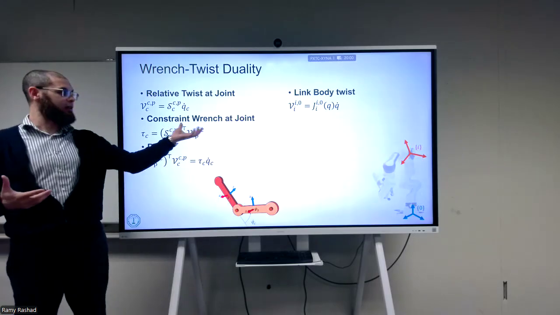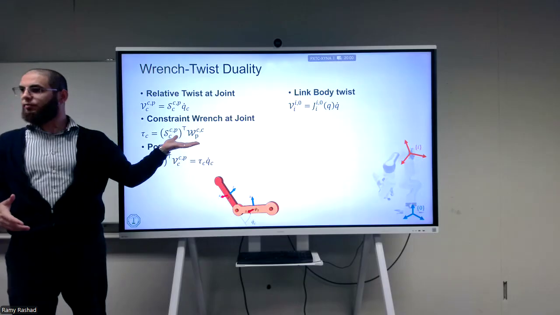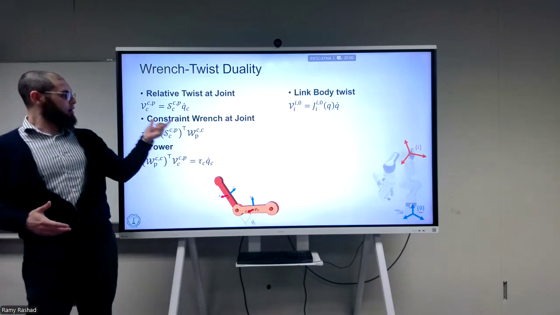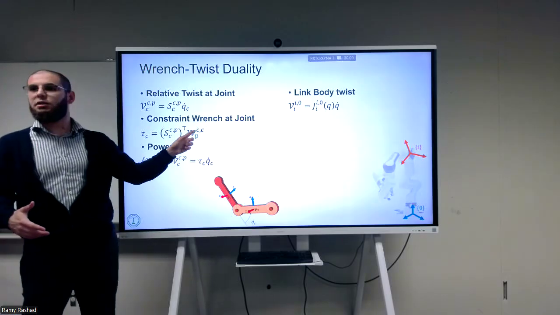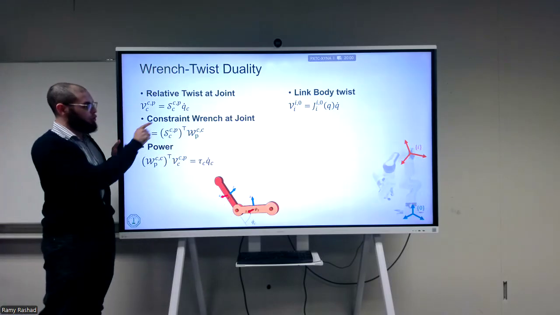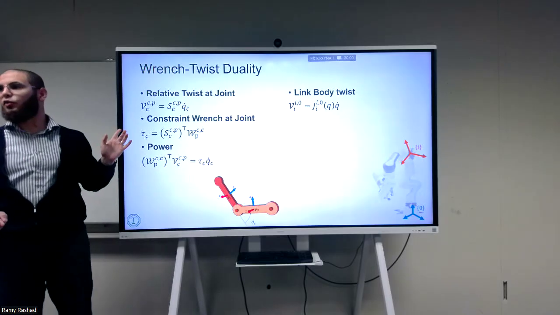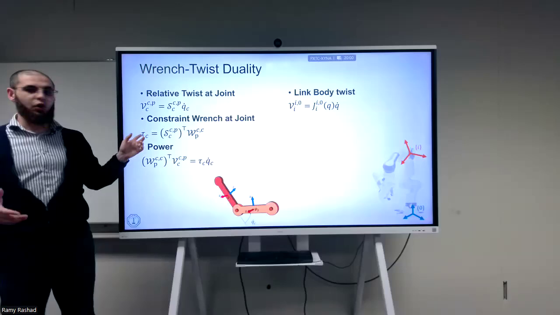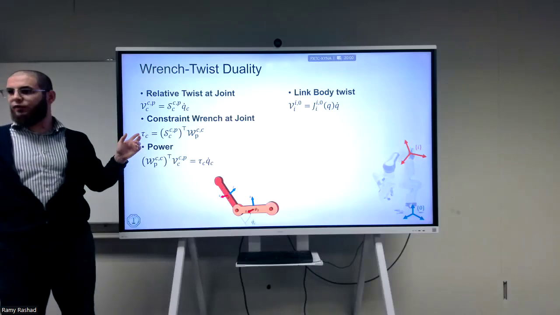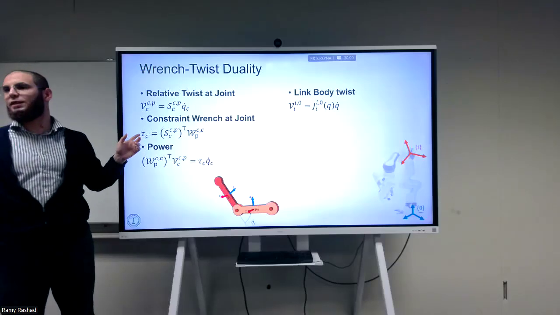If you combine both, you get the constraint wrench. So you see here, there is a duality between the twist and the wrench, but also a duality between the torque and the angular velocity of the joint, or the velocity of the joint in general. Even though this can be prismatic or revolute, we're just going to be calling it tau in both cases.